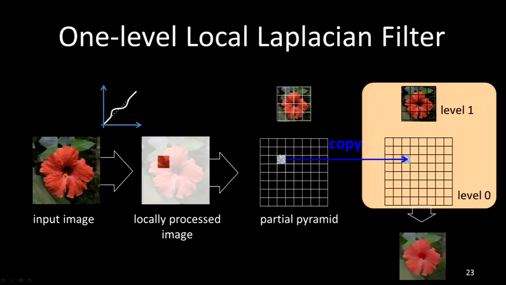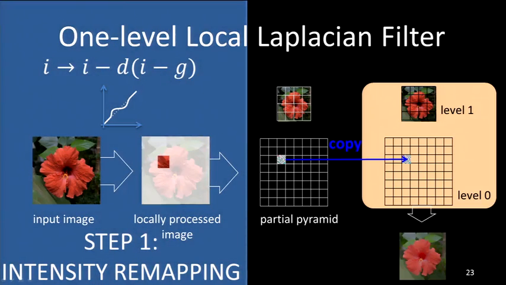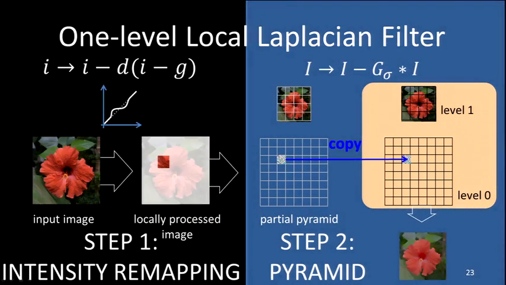To do that, let's begin by looking at a simplified version of the local Laplacian filters, where only one level is processed. We can understand it as 2 main steps. First, a nonlinear intensity remapping. In the corresponding equation, the g is a reference value for the remapping function. Second, the pyramid construction and processing. And the second step is linear.